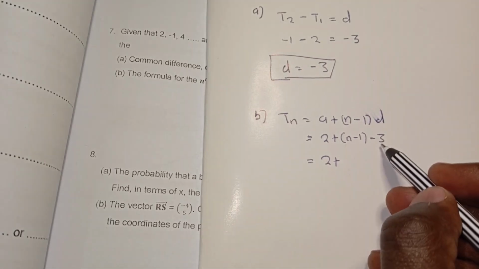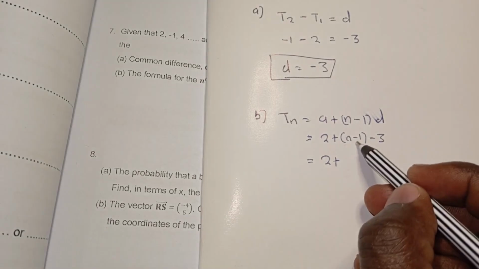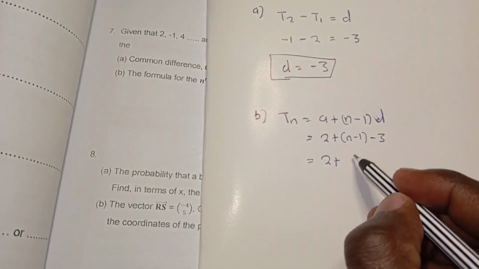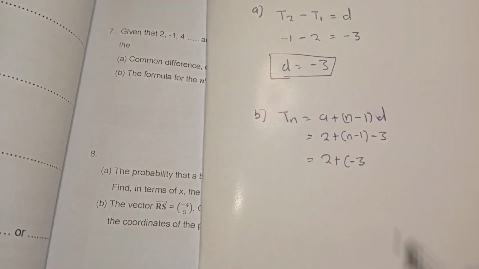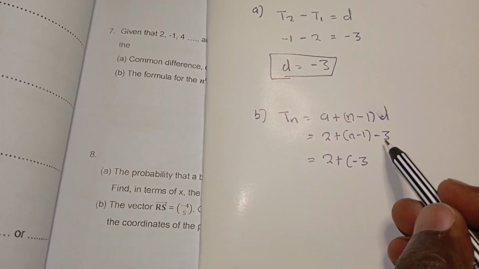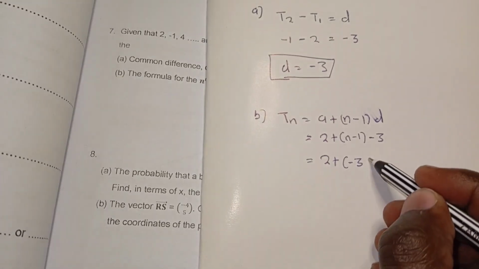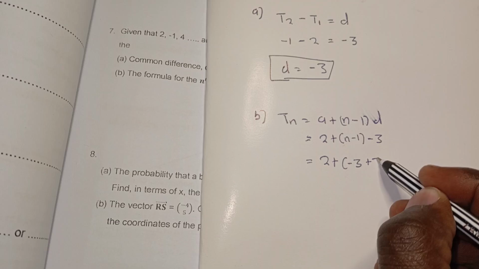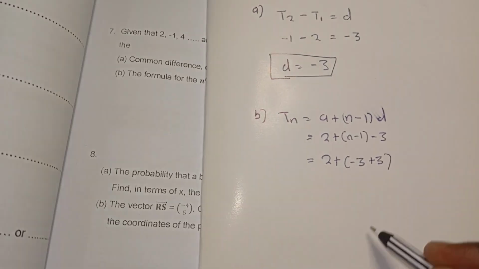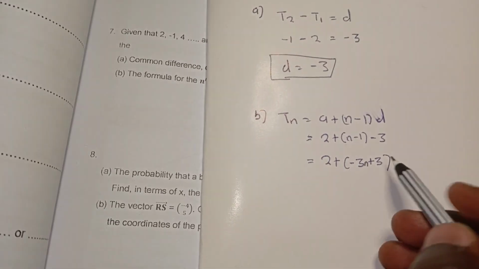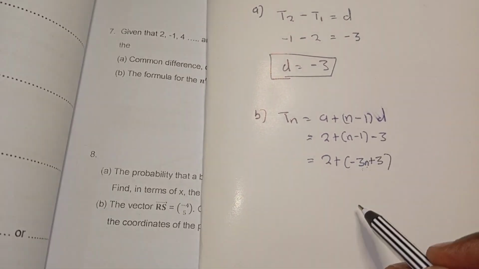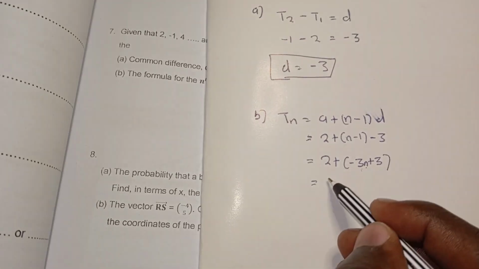You multiply this number with everything in the brackets. -3 times n gives us -3n. -3 times -1 will be +3. Sorry, there's an n there: -3 times n, then we add this 2.